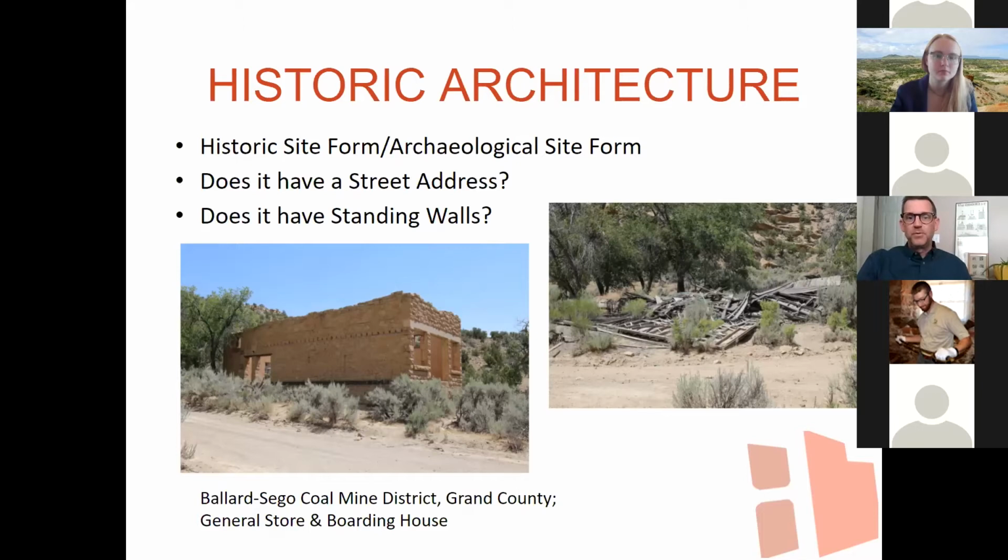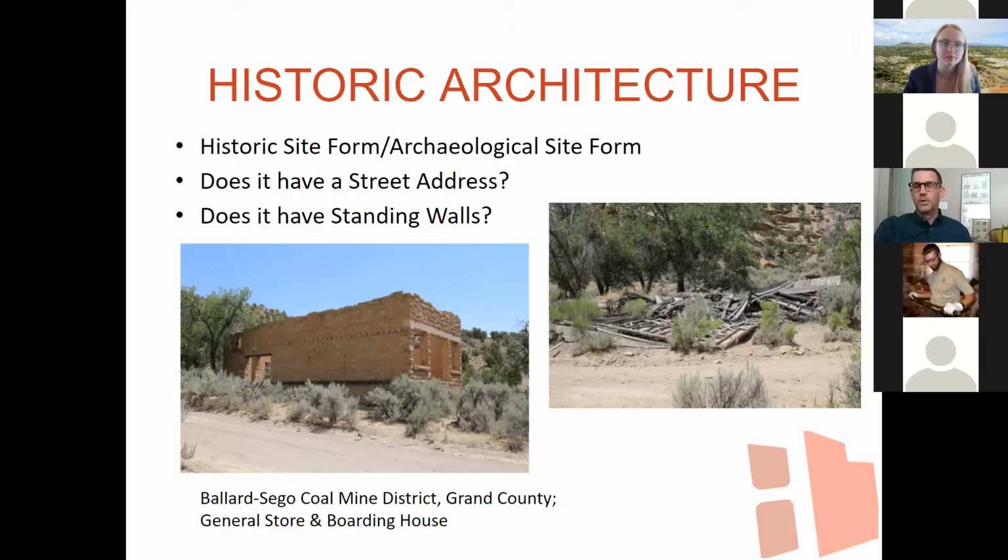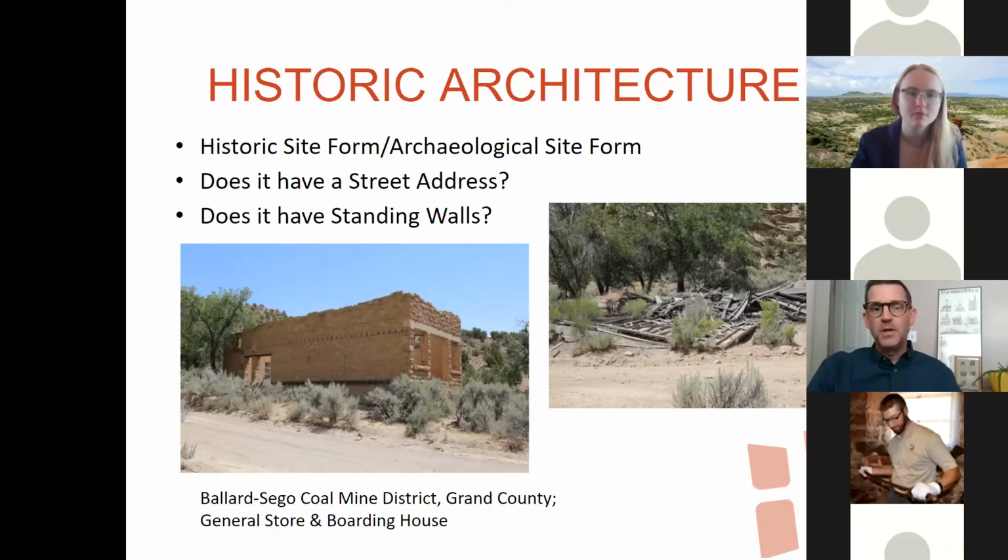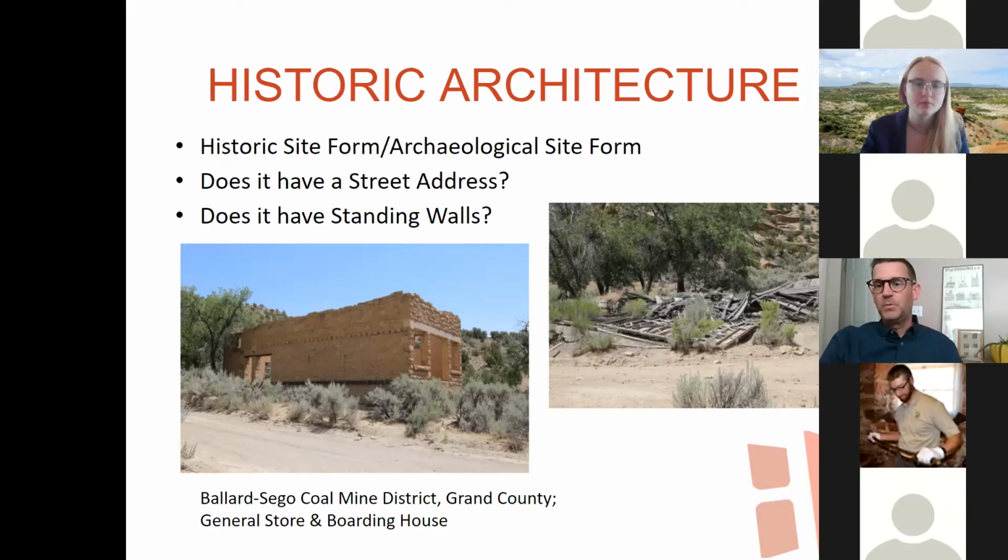This is most useful for archaeologists who also do some architectural documentation as part of their work recording archaeological sites. But the question is, how do you document historic period architectural structures or elements, and when do you put them on an architectural historic site form? I'll mention our different types of historic site forms here in a minute.